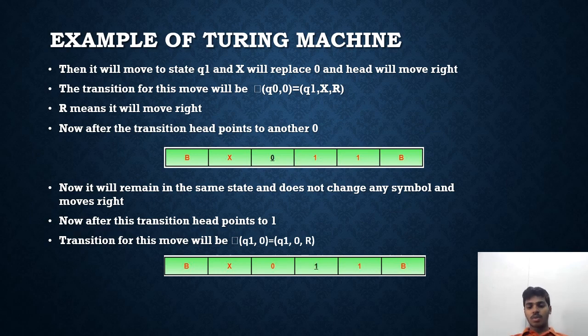If we reach 1, then we change it to capital Y, and we have to check for 0 again in the tape, based on the movement either left or right, until every 0 converts to X and every 1 converts to Y. If both numbers are equal, then the string is accepted, otherwise it is not accepted. And in the middle we can represent it as capital L or capital R based on the blank spaces movement.